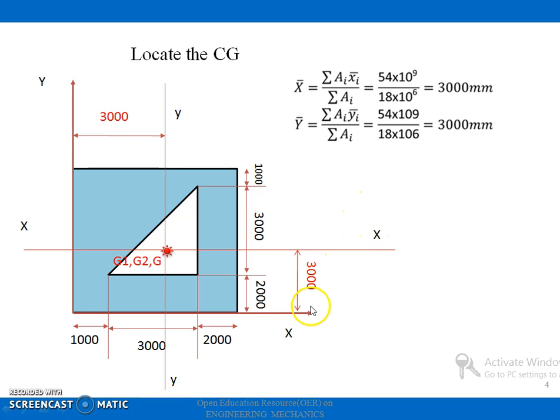And then I can take this y bar equal to 3000 millimeters from this reference in this direction, and I have drawn this line XX. These two lines are meeting at one point, and that is the center of gravity of the composite section. That is the center of gravity of the section which is having a triangular hole.